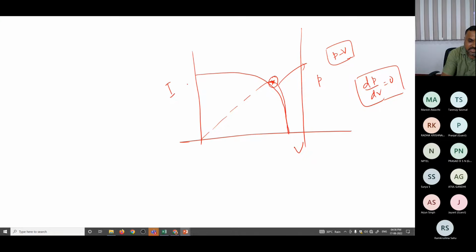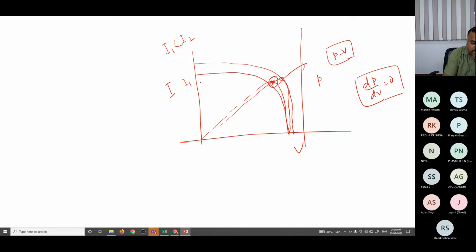Suppose this is I1, and if we consider I2 here, where I2 is greater than I1, then under this condition, what will happen? This will be something like this, and this will be something like this, right?